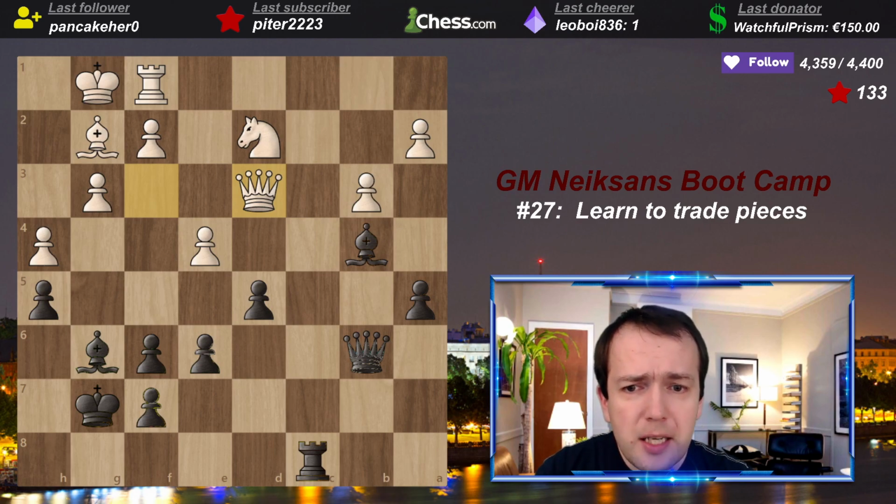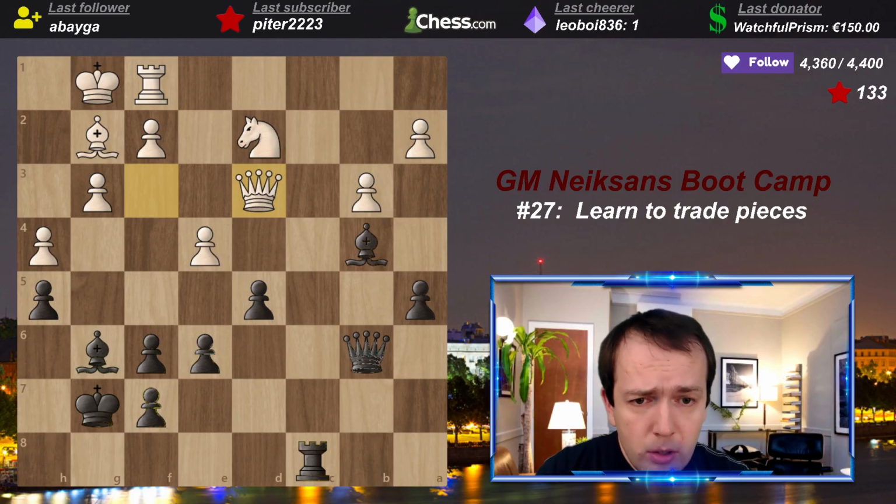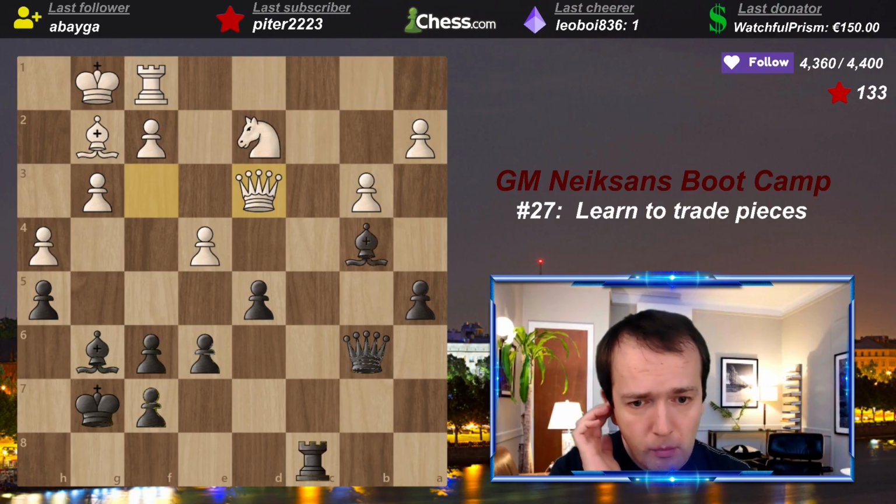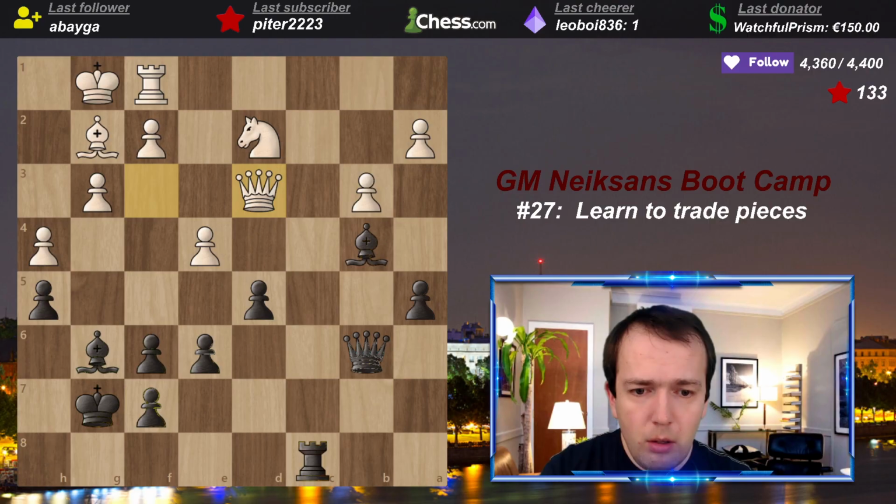All right, let me show you the next example. Evaluate about going to endgame, which pieces to trade and which not. And I want to show you this example. Just a second.